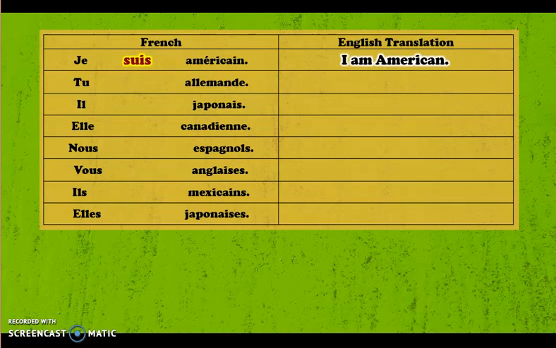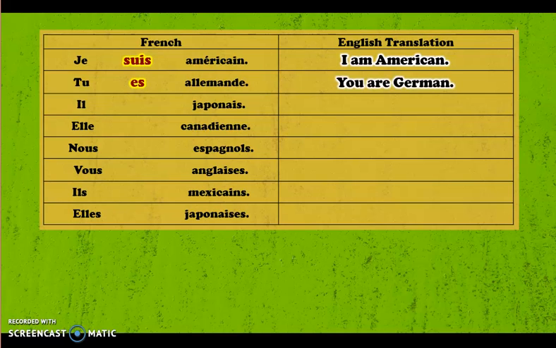Je suis américain. All right. For tu, did you say es? Good. Tu es allemande. All right. And allemande is the feminine version of allemand, which means German. You are German.